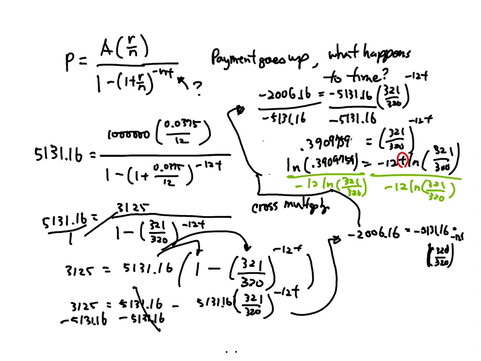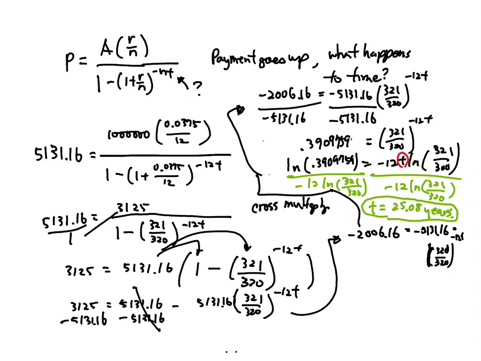Natural log of that divided by negative 12 divided by natural log of 321 divided by 320. I get t equal 25.08 years. Okay, so if he increases the payment by $500 a month, he will cut down the time by almost 5 years.